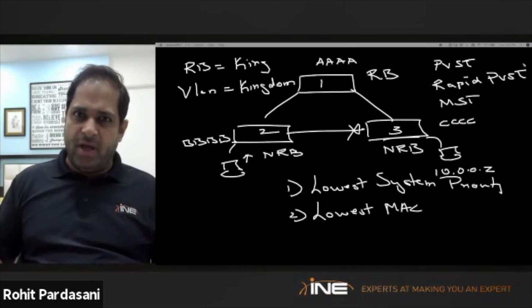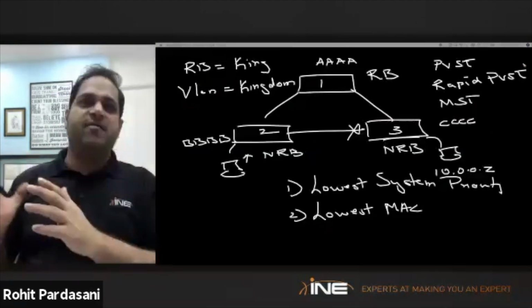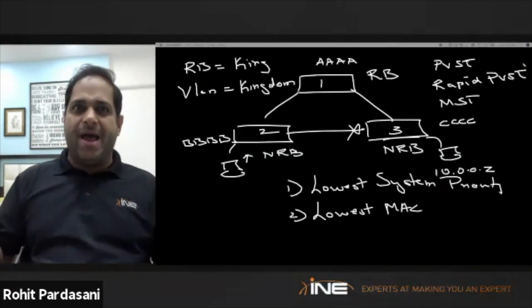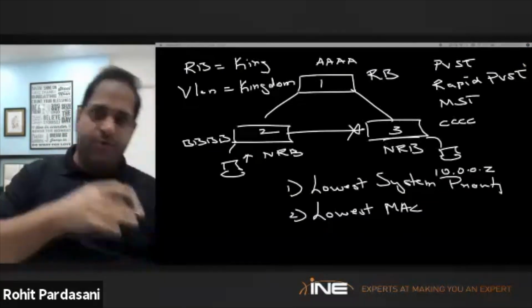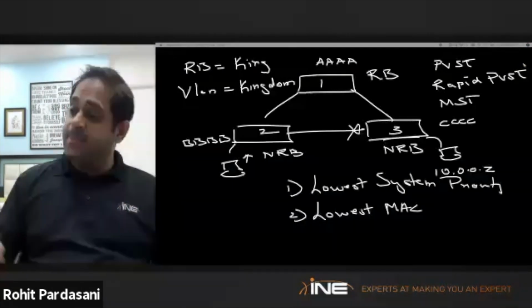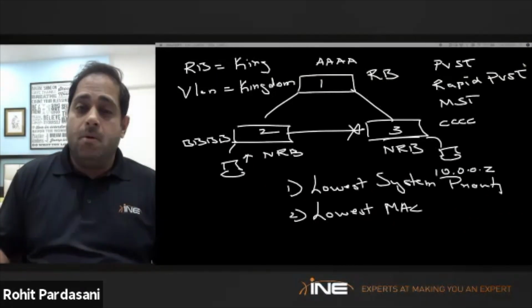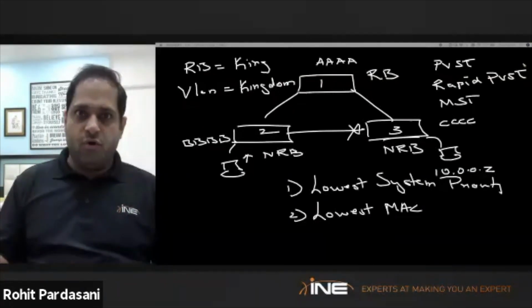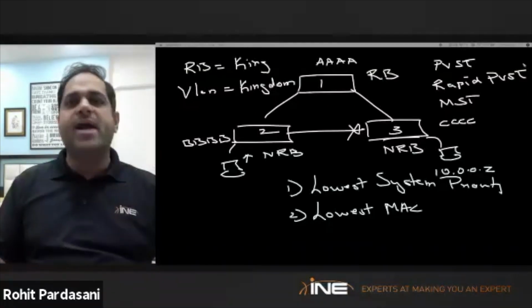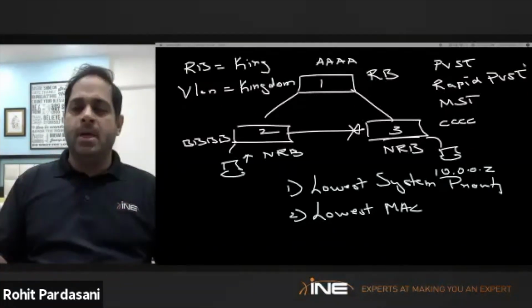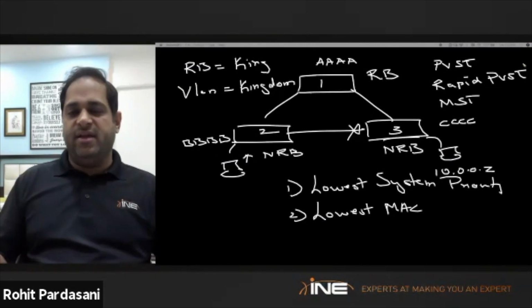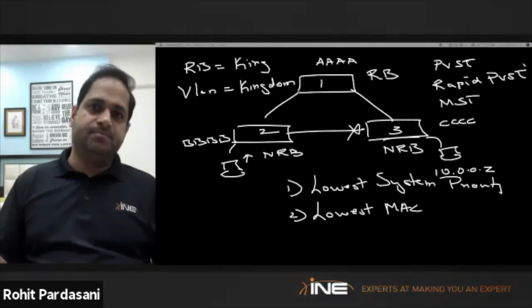At this point of time, we will purely talk about PVST. We would then move to rapid PVST, and then we would move to MST. So let's say we were running the default spanning tree mode, which all switches run by default. If you do a write erase on a switch, the switch boots up, and you do a show spanning tree summary, you would see that the default mode is PVST.